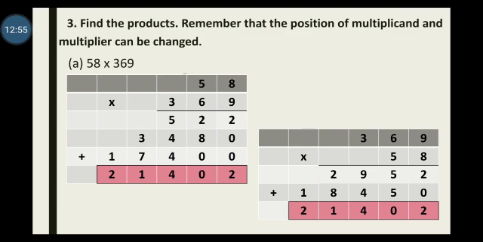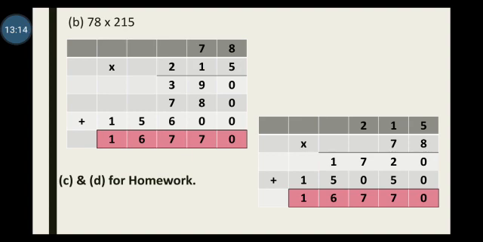When I add, I get 21,402. You should definitely see here, children, that by changing the order of the multiplier and the multiplicand, the product does not change.